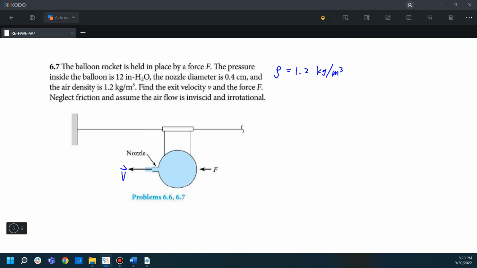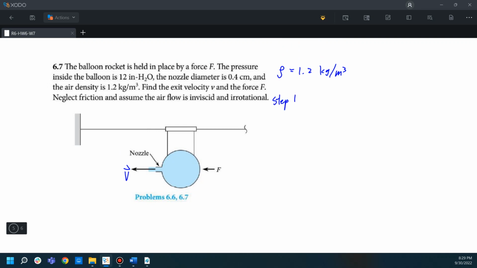So let's take step one. Step one, we want to find the velocity at the outlet of the nozzle using the Bernoulli equation.